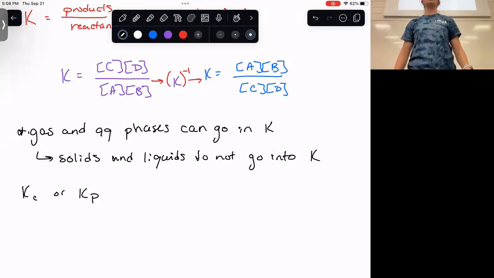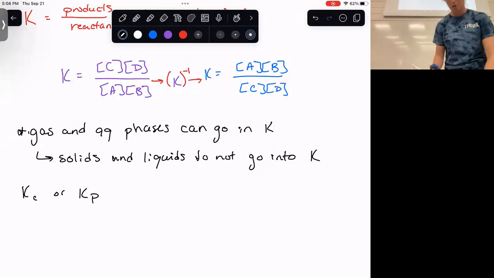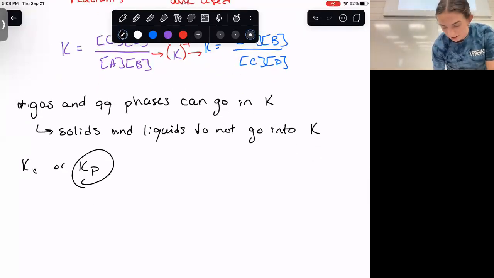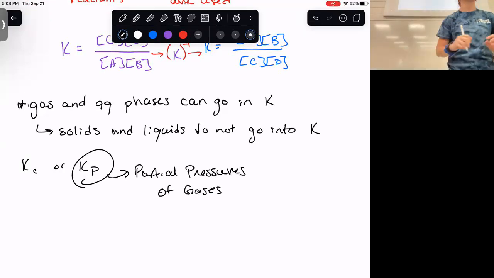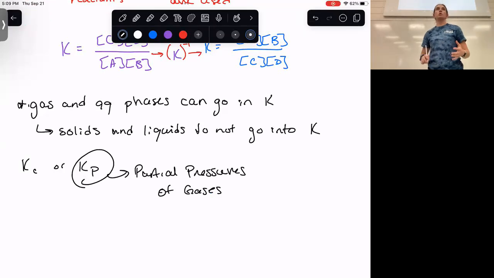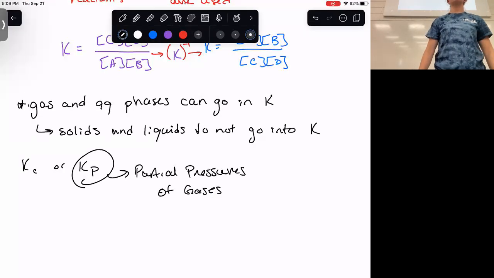We mostly work in concentrations rather than pressures, but your KP is just going to be partial pressures of gases. That's going to look very similar: products over reactants is just going to be the pressure of your products over the pressure of your reactants. You consider your pressure as the concentration that you're talking about.